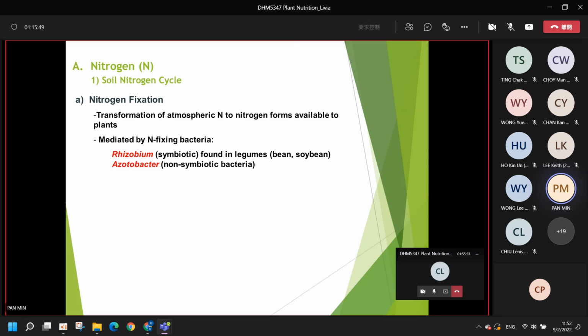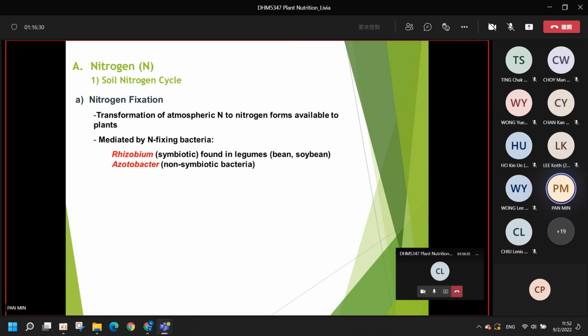So we will not focus on the other three, carbon, hydrogen, and oxygen, because all three can be obtained from the air and the water, and there is always an abundance of them to supply the plants. And here we only talk about the elements that exist in the soil, that we can address through fertilization and other methods to fix these nutrient limitation problems.